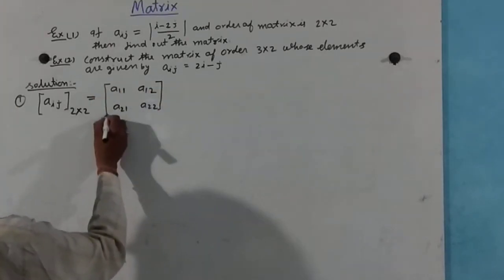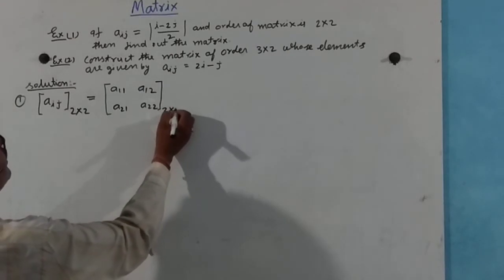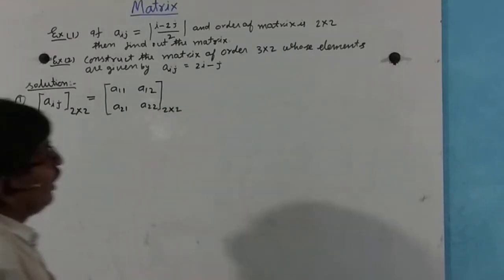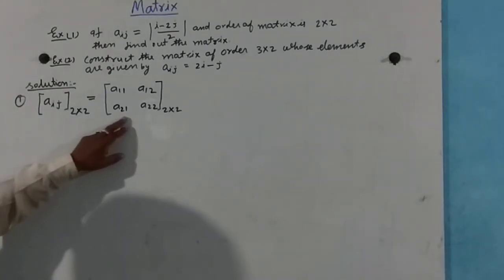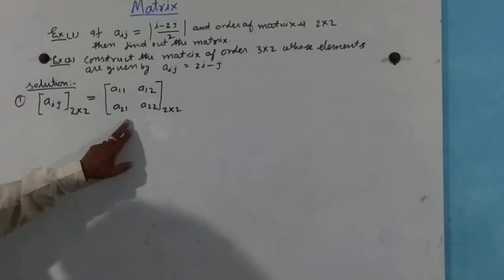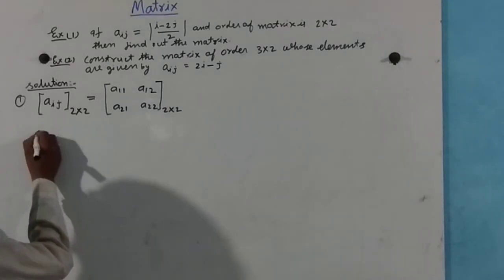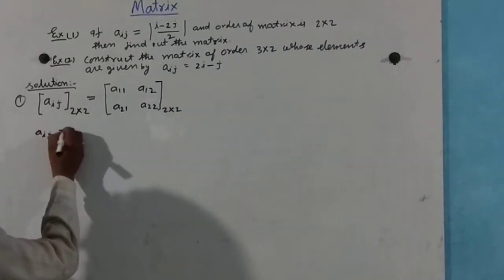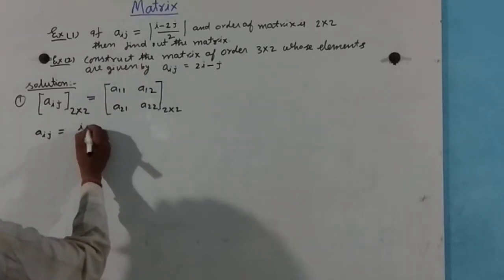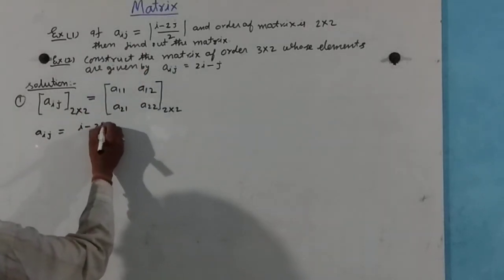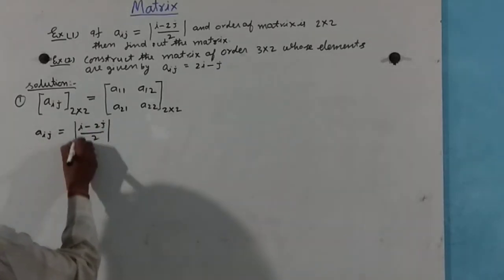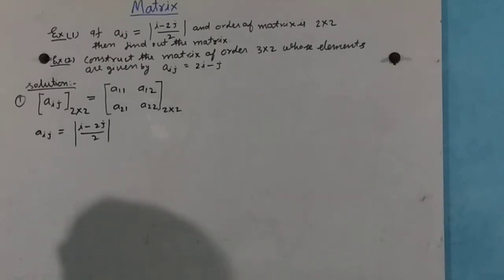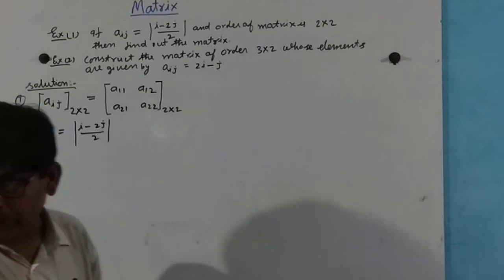Aij is defined as mod of (i minus 2j) by 2. It means that if it comes negative, we also take it positive.